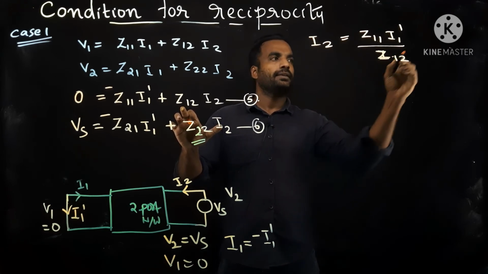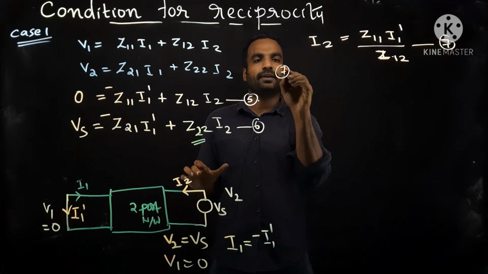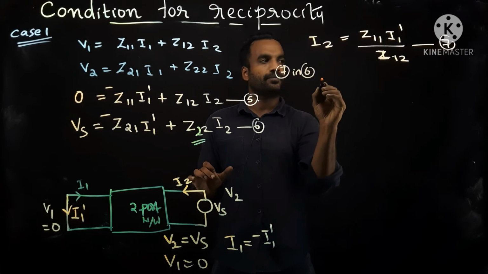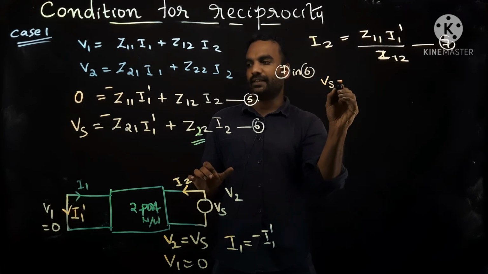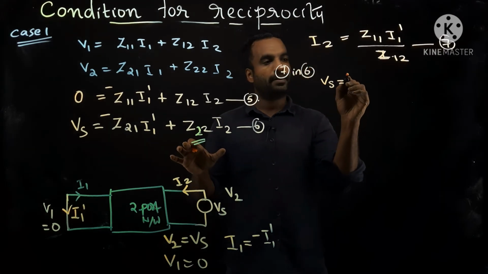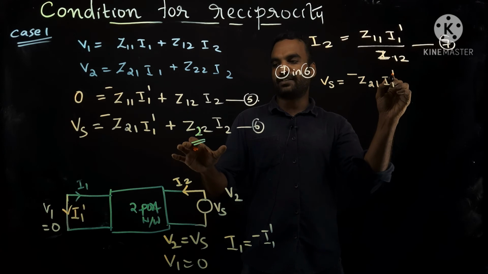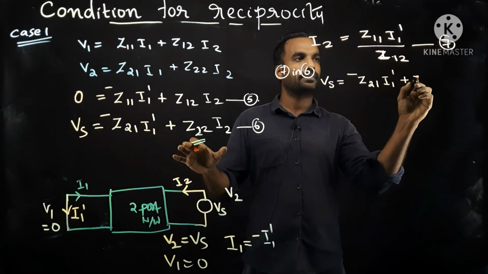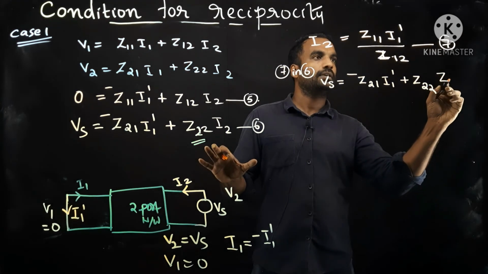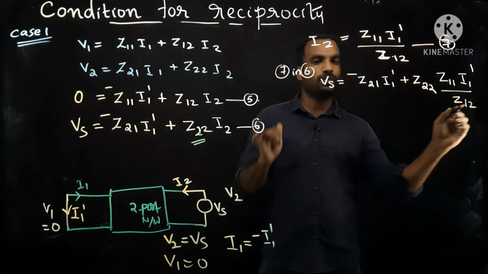Is it okay? This is equation number 7. Now substitute 7 in 6 so that Vs is equal to minus Z21 I1 dash plus Z22 into this equation, Z11 I1 dash by Z12.